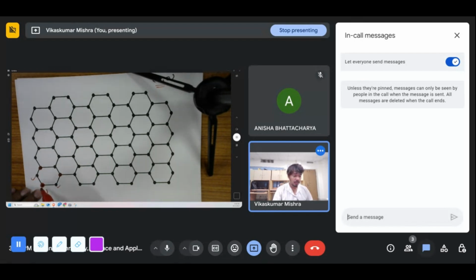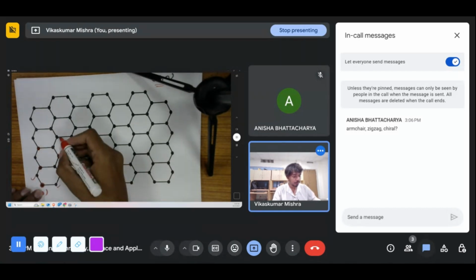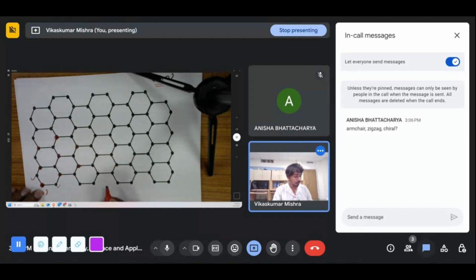Lattice points over here are only these, and then again we leave one atom and go to another point. From here we leave this atom and go over here. So we take all the alternate atoms, and they will form our lattice.